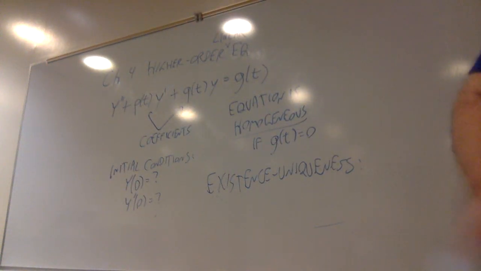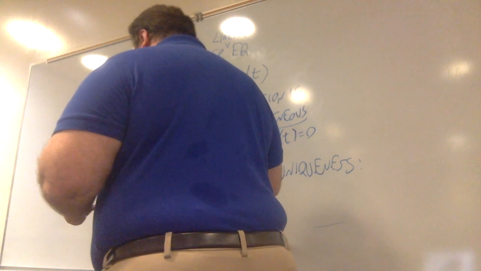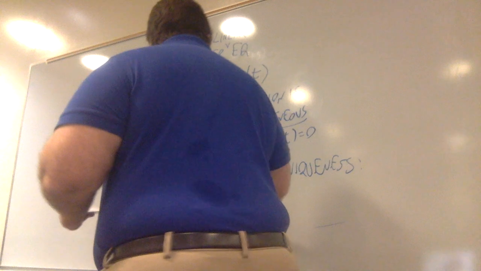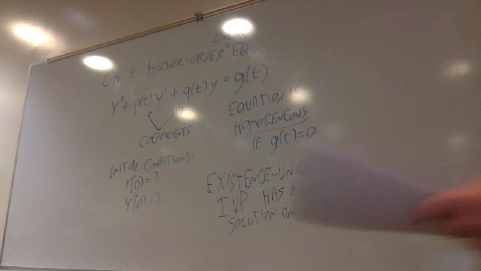The main idea is that the initial value problem, IVP, has a unique solution on an interval that I'll call I, containing the initial time t naught.